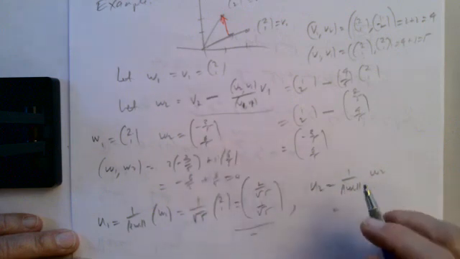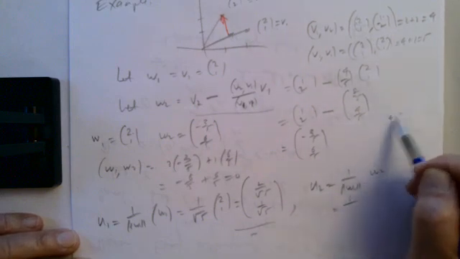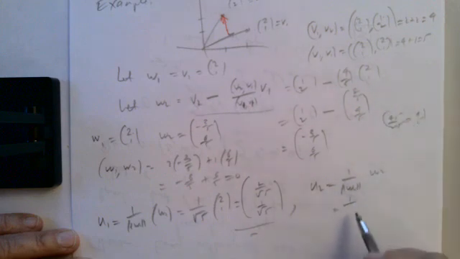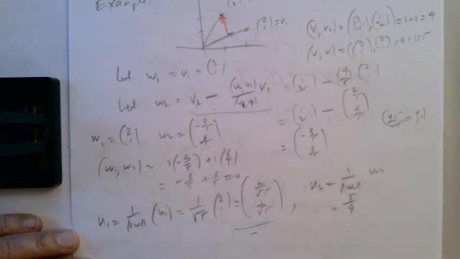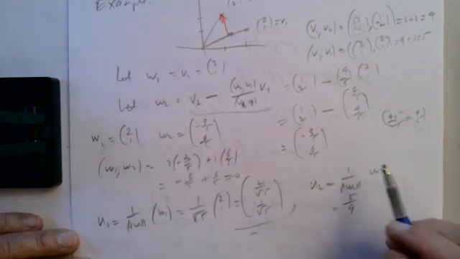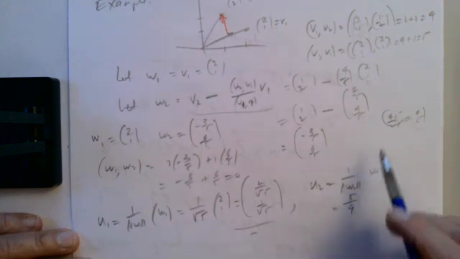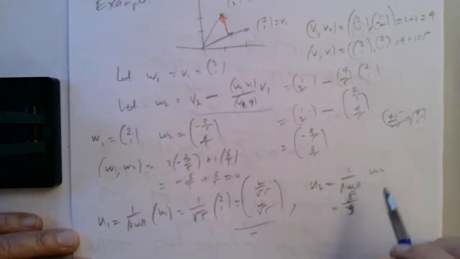You get 45 over 25, which is 9 over 5. So 1 over 9/5 is 5/9. Oops, square root. Square root of 5 over 3.